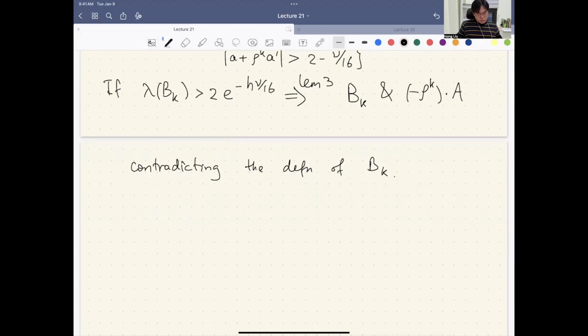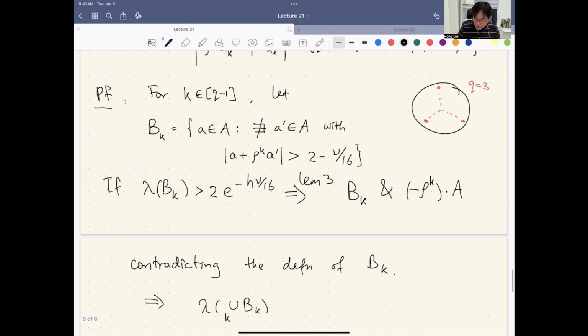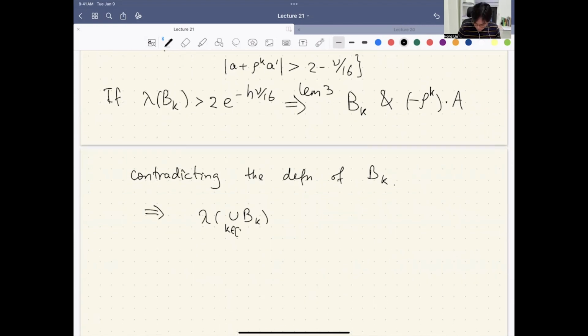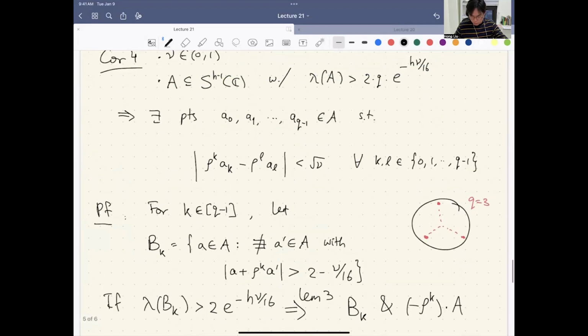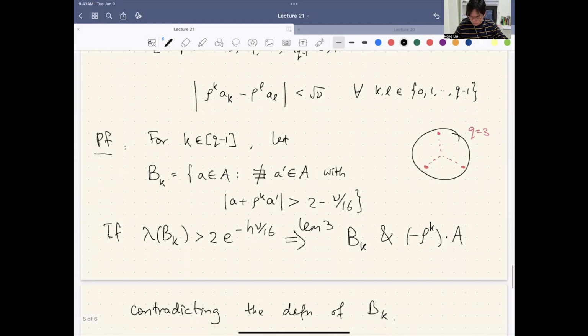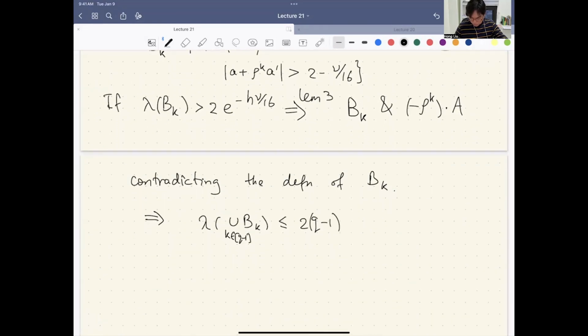So this means the measure of the union of BK, K in Q minus 1, is at most 2Q minus 1 e to the negative h nu over 16, which is less than the measure of A.